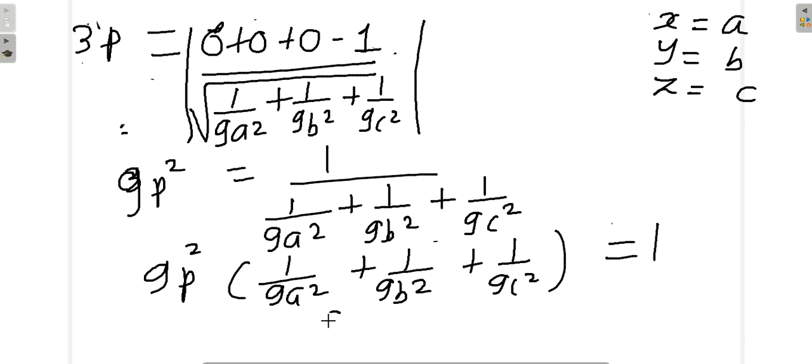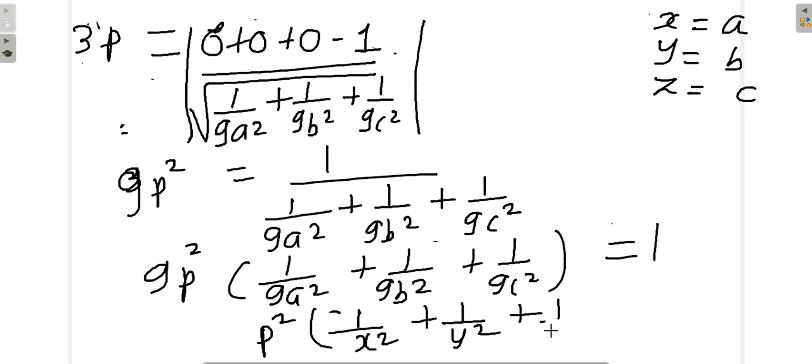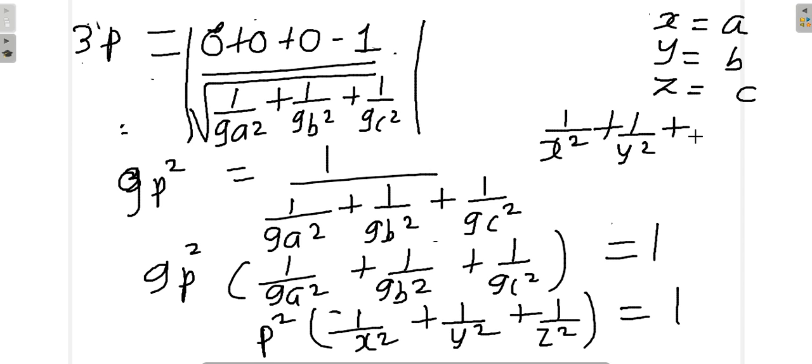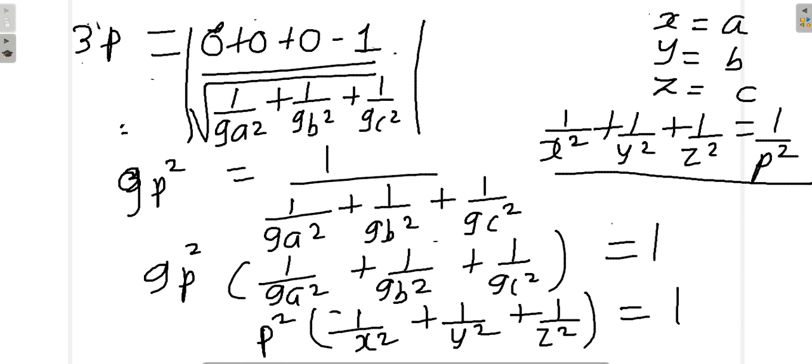And just put x equal to a, y equal to b and z equal to c. 9 will cancel and you will get p square into 1 upon x square plus 1 upon y square plus 1 upon z square. p square goes on the other side and the final answer is this. This is the equation of the required locus.